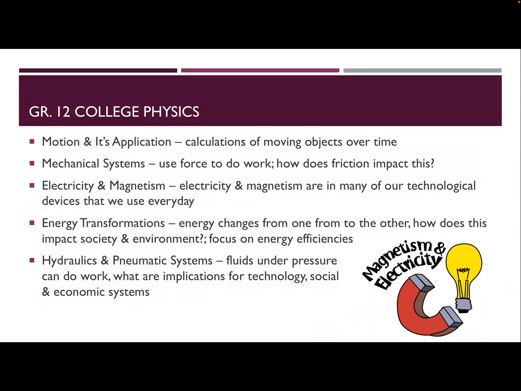Finally, in grade 12 college physics, we have a unit on motion, mechanical systems, electricity and magnetism, energy transformation, and hydraulic and pneumatic systems. It tends to be, again, more hands-on, where a lot of the applications involve the trades and construction.